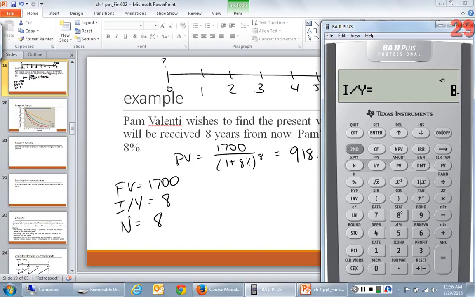And the number of periods is also 8, so 8 and N. And we need to know what the present value is, so we compute the present value, and it gives you a negative $918.46. Which again, that's for interpretation purposes only. It would cost you $918 to receive $1,700 in 8 years if you're earning 8%.